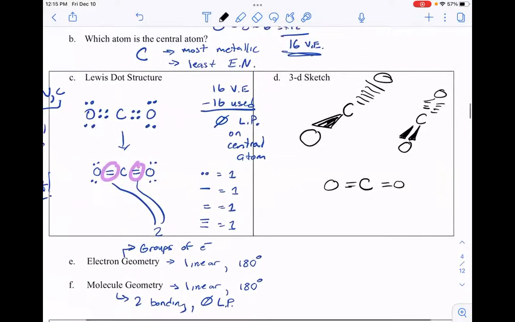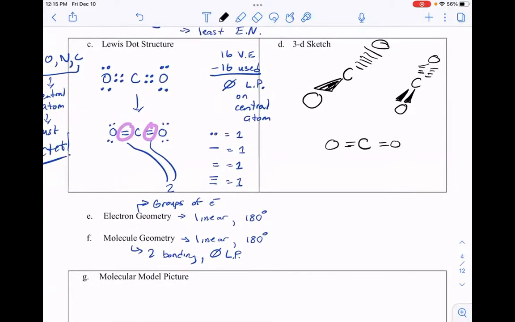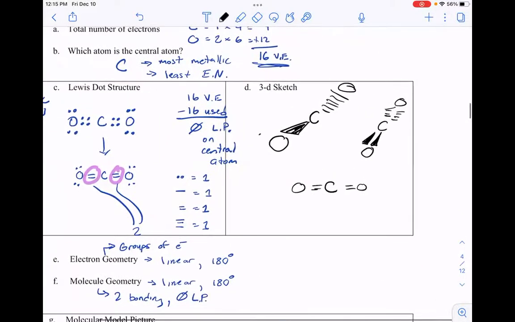All right, any questions on CO2? Oh, don't forget to put in lone pairs. Oh, whoops.